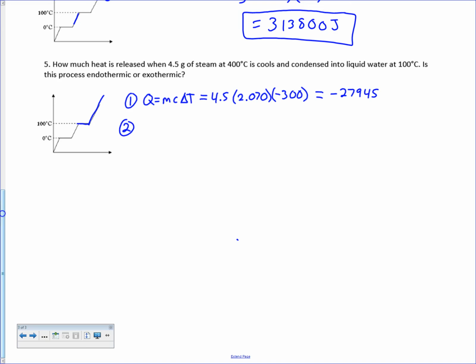So step 2, we've got delta H equals mass times heat of vaporization, which equals 4.5 times 2,256. We multiply those together, I get negative 10,152 joules. That's negative because condensing is an exothermic process. So there's just 2 steps here. We add them together, I get negative 38,097 joules.